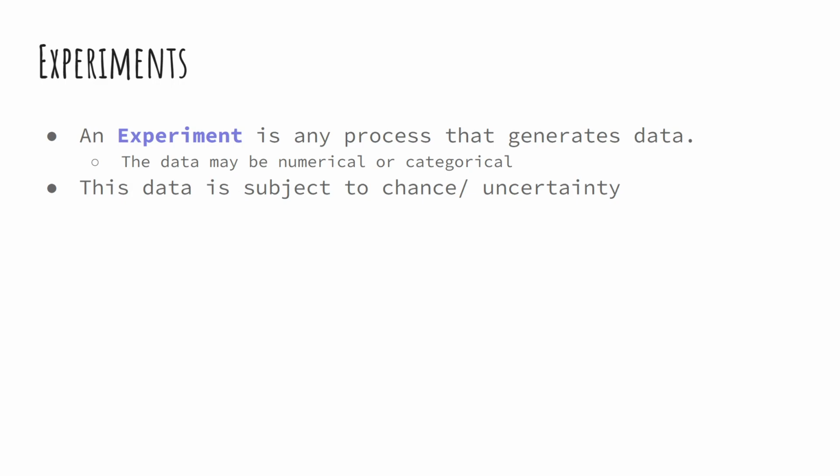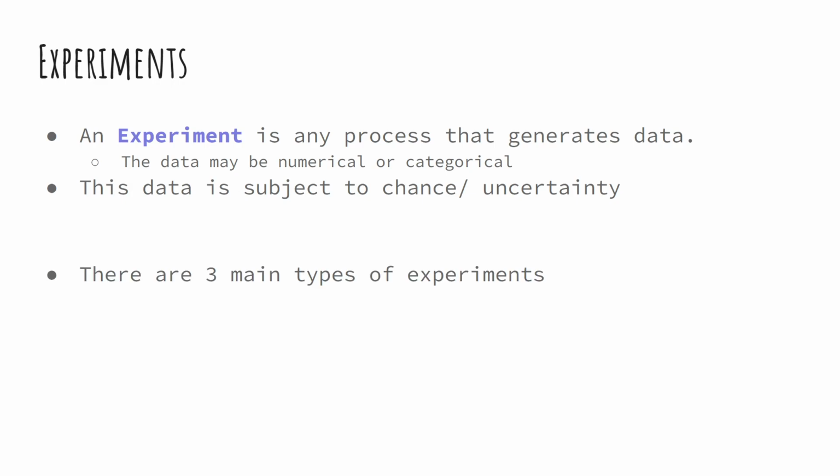It's not 100% sure that you will get the same thing again and again. When you're playing cricket, you might get a different consequence on every ball. The speed might be different, the shot played might be different, the run scored might be different, and this is completely unpredictable. So it's subject to chance and uncertainty.